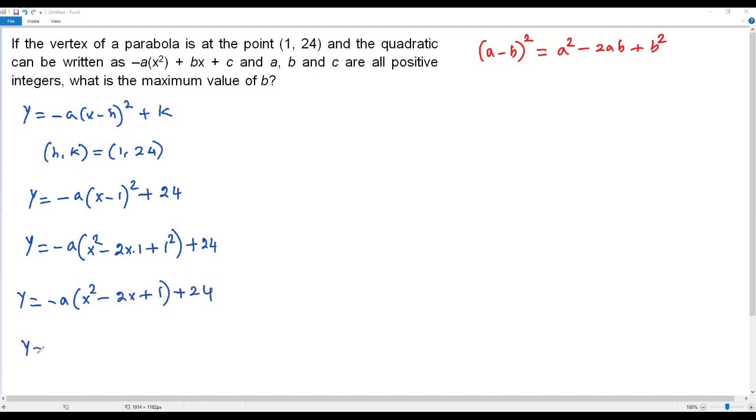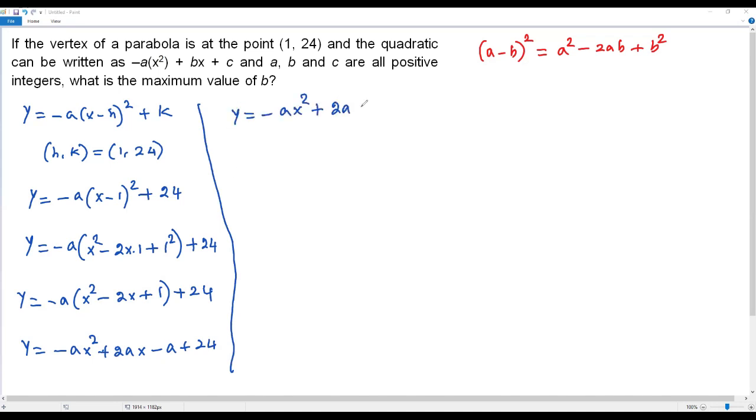Now I can distribute this negative a to the x squared, the negative 2x and the positive 1. When I do such a distribution, I'm getting negative ax squared; negative times negative becomes positive 2ax; negative a times 1 becomes negative a; plus 24. Okay, now let me write the quadratic function over here. That is y equals negative ax squared plus 2ax minus a plus 24.